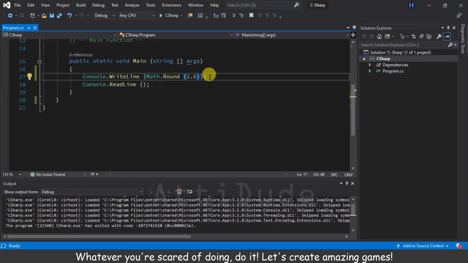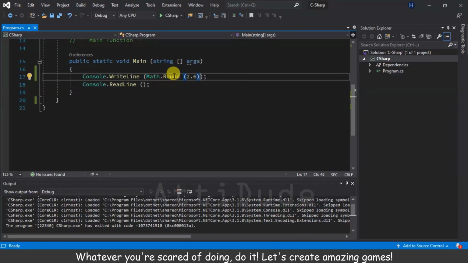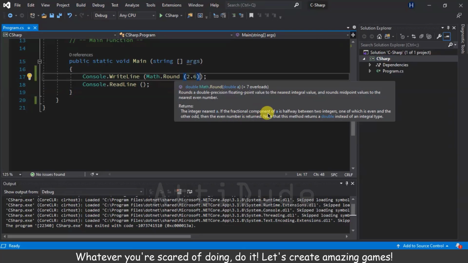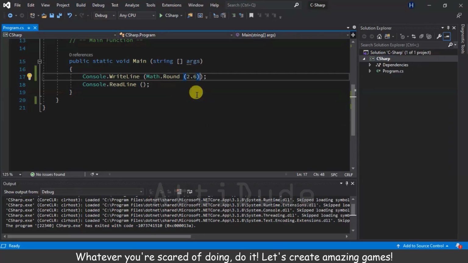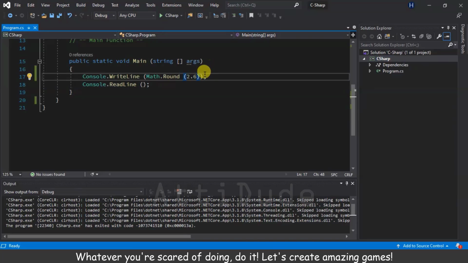In the round function, I don't know why, but if the fractional component is between two integers, one of which is even and the other odd, then the even number is returned. Note that this method returns a double.